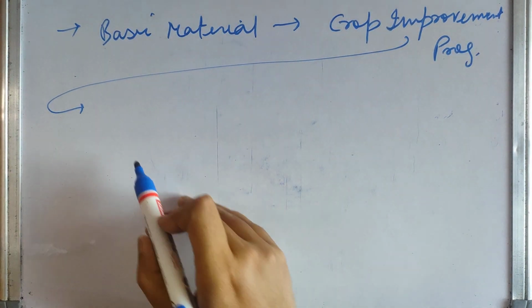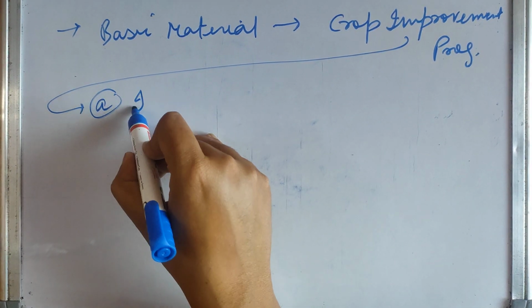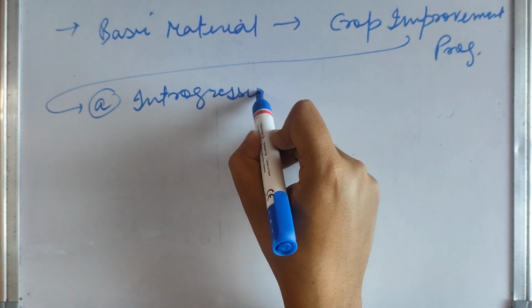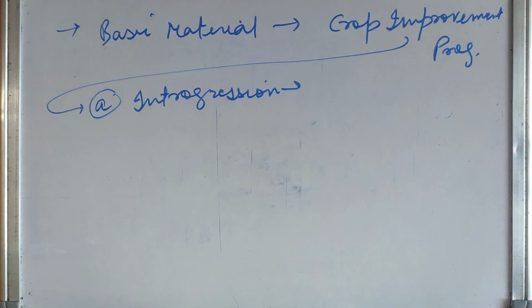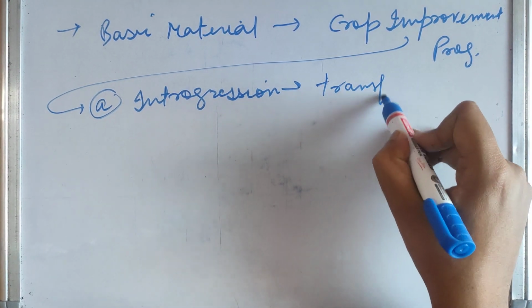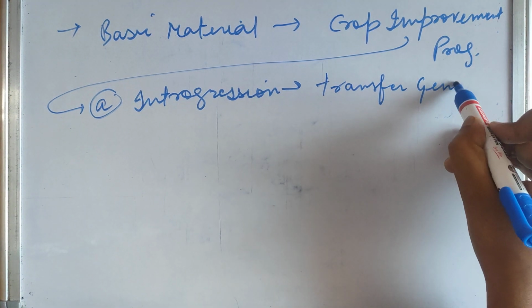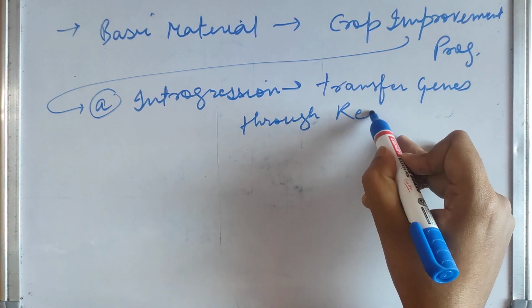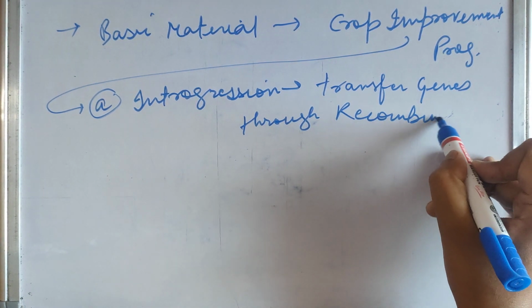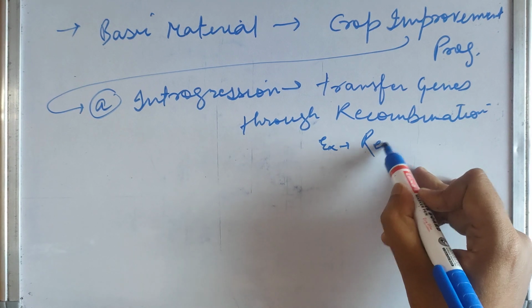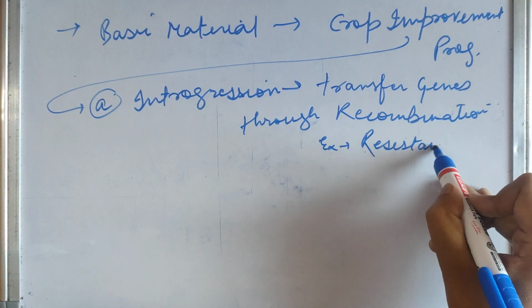First one is introgression. Here we transfer genes through recombination, for example, resistance genes can be transferred here.